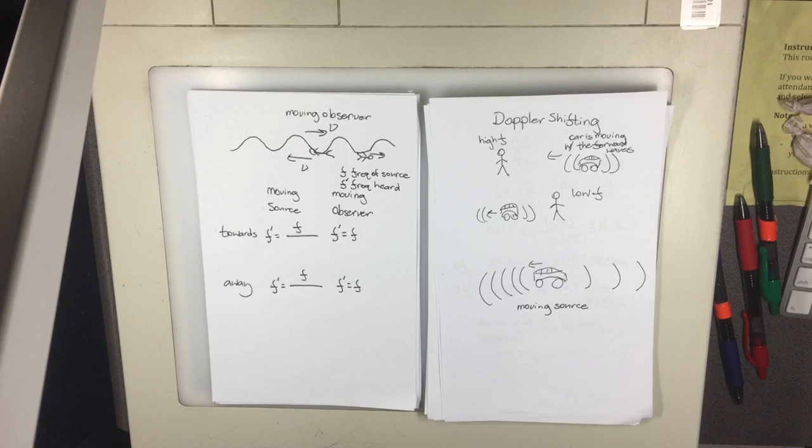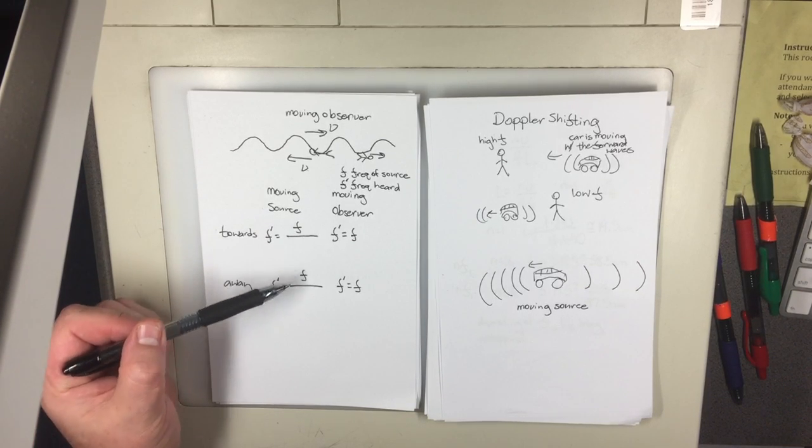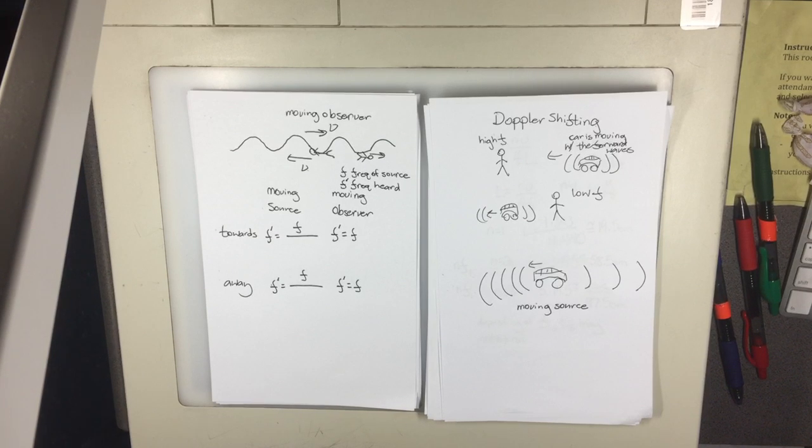In the case of the moving source, there is going to be a numerator and a denominator. This is just the way that it's derived. In the case of a moving observer, it's entirely in the numerator.